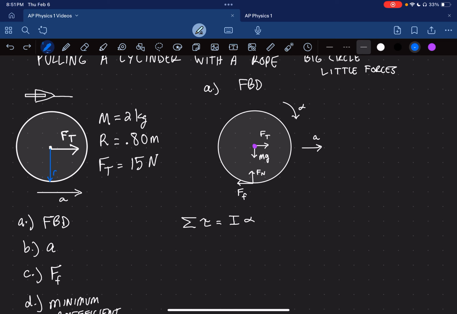I'm sorry, it's parallel with r. It's not perpendicular. And so Fn is not doing any torque. And the only one that is doing torque is the friction force. And so we will say r times friction force is equal to the rotational inertia of a cylinder, which is m r squared over 2 times alpha.